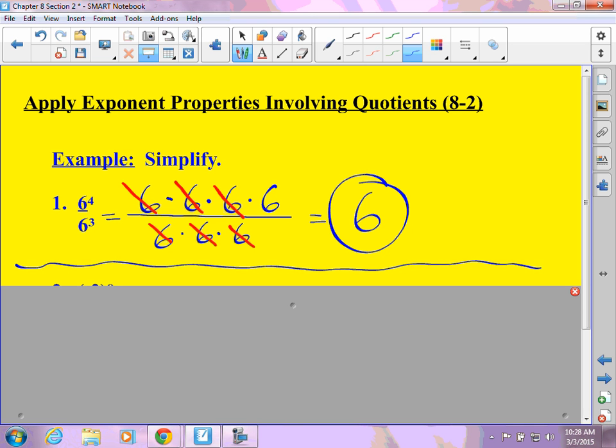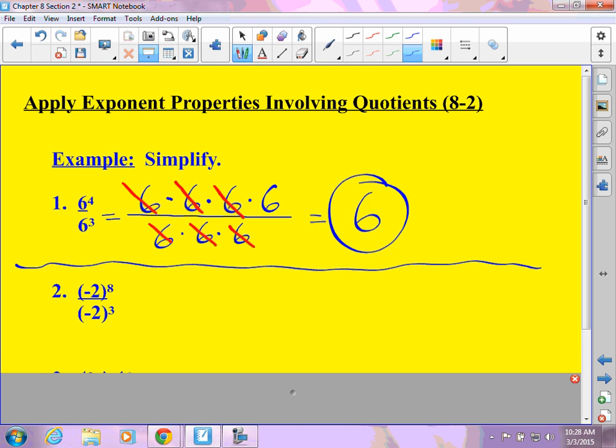Okay. All right, let's keep going. Look at the next one. So notice this next one, it's -2, and notice that it's in parentheses. So how many -2's do I have in my numerator? 8.